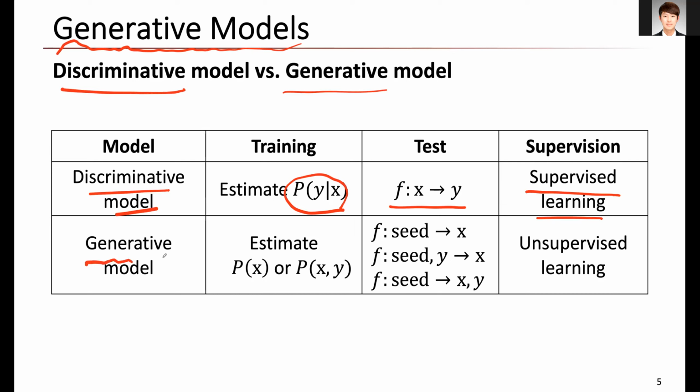Then, what is a generative model? A generative model aims to estimate P(X), the probability of the input X, or the joint probability of input X and output Y. So why do we need this kind of probability?